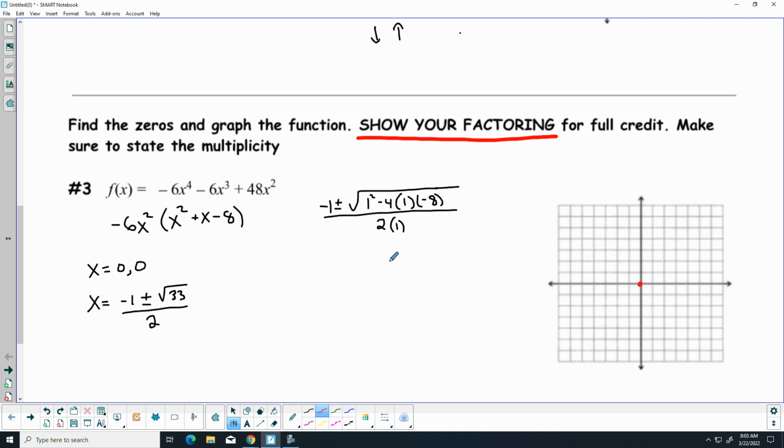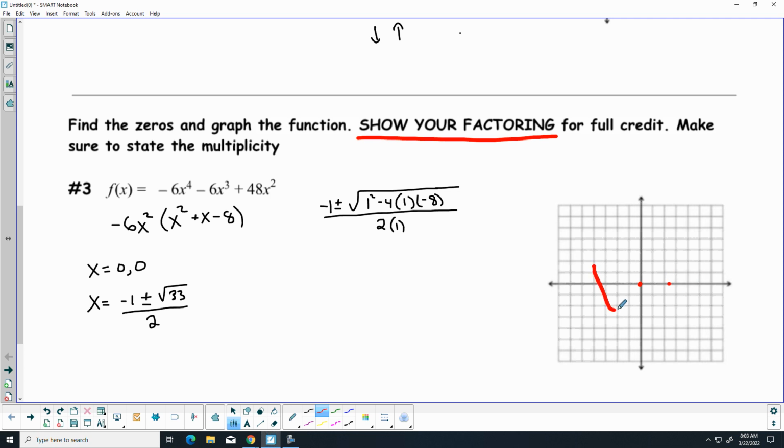-1 minus the square root of 33, and then divide that by 2, and I got negative 3.37, and then -1 plus the square root of 33, divide that by 2, and I got 2.37.